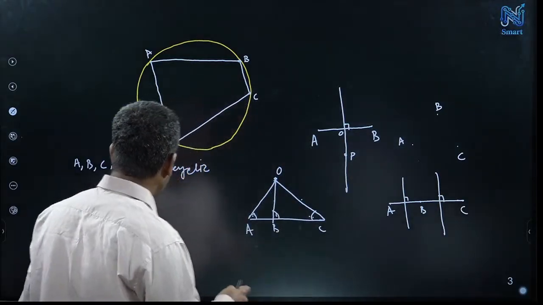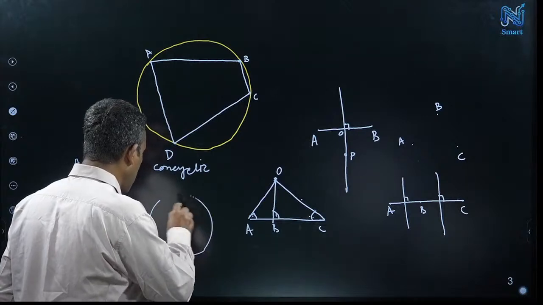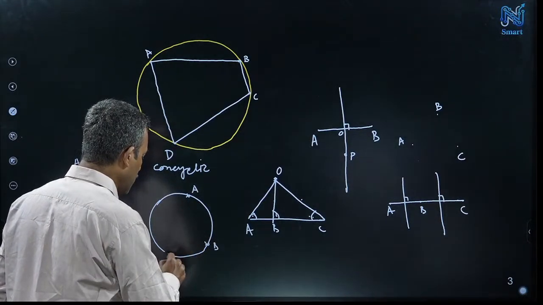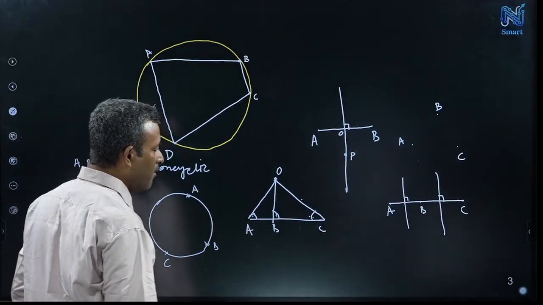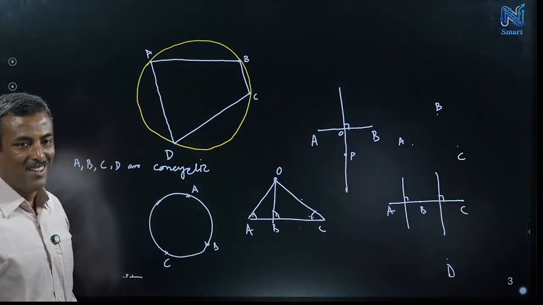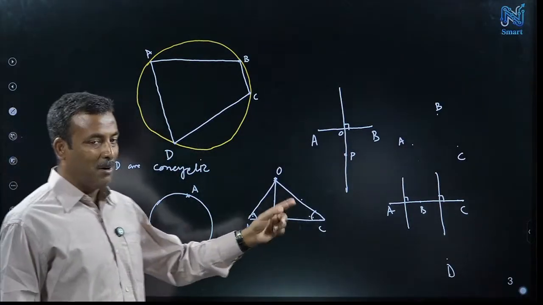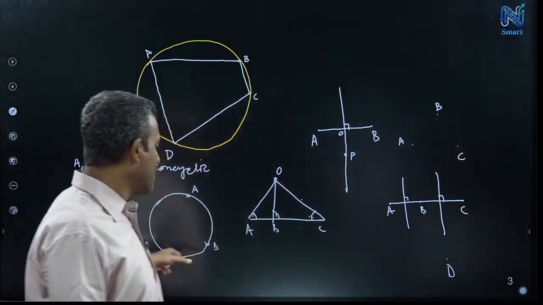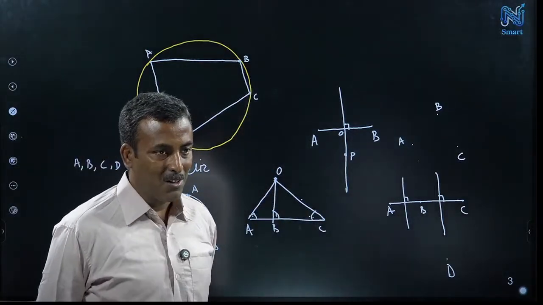Why? It is very easy. You draw a circle, take 3 different points A, B, C on it, and take another point D very far from there. Then you can't draw a circle passing through all of A, B, C, D.